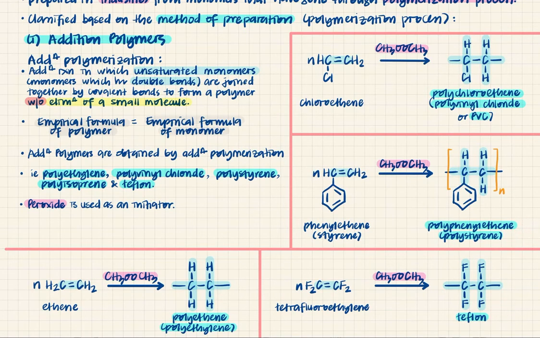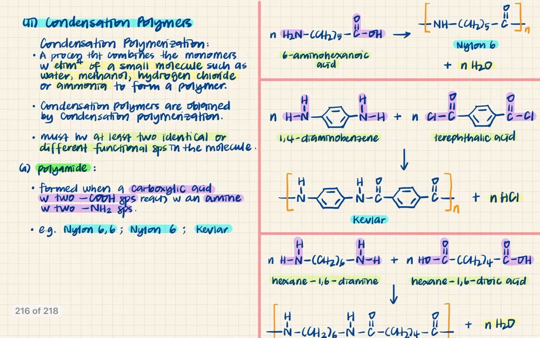Okay, right. Next is another type of synthetic polymer called condensation polymers. So you form condensation polymers by the condensation polymerization process, meaning polymerization of the condensation type. With condensation, do you remember what you do?